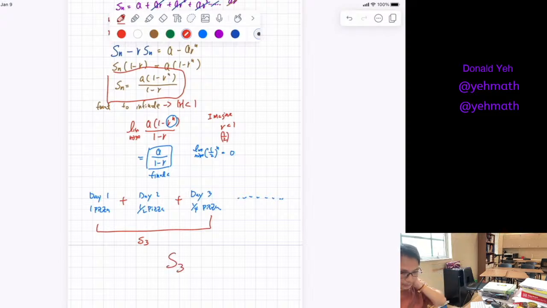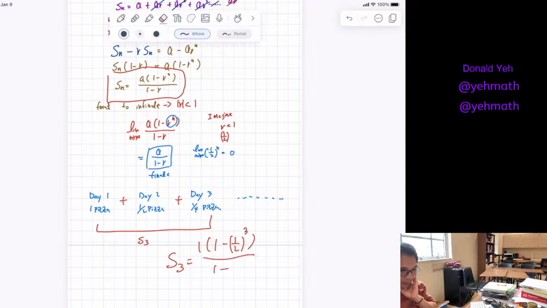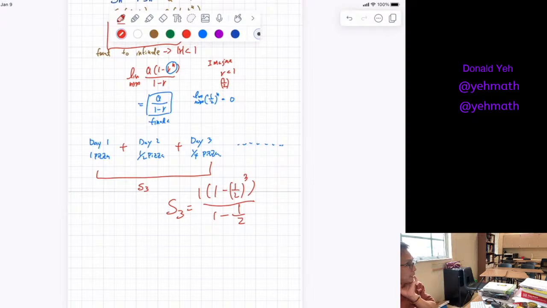So we're going to apply this formula here. S3. What is a? 1. Good. What is r? 1/2. Good. So it'll be 1 minus 1/2 to the what power? Third, over 1 minus r, which is 1/2, right? We're gonna show you S3 works.